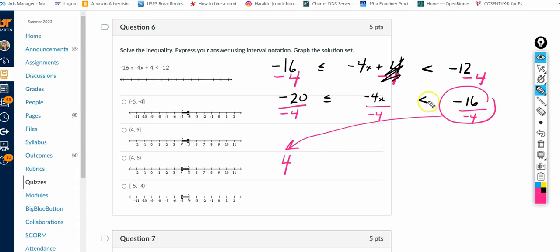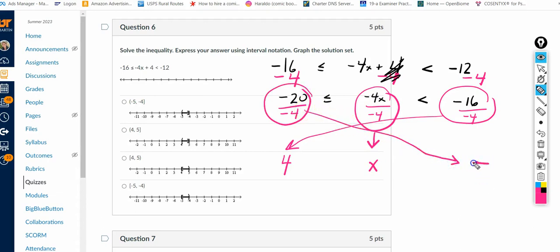And then what's going to happen is this is going to go here. And so I'm going to have x, and this is positive 5. And so when we flip this, we're going to have this kind of relation.